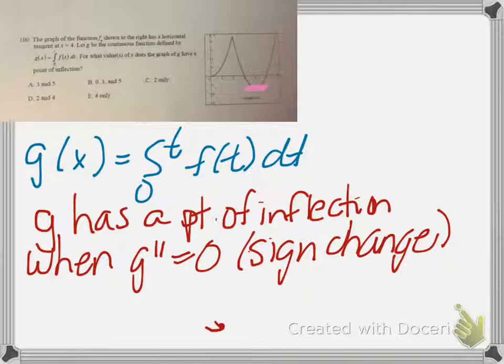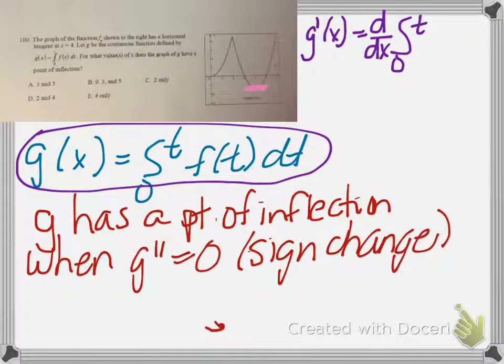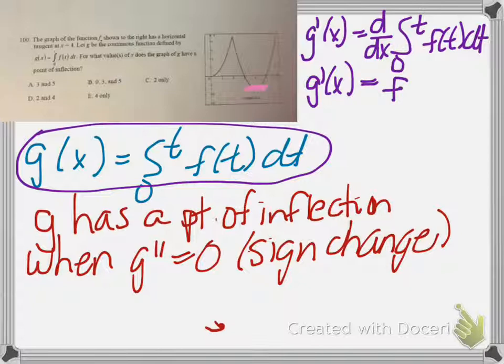So if this piece is G of x, then G prime of x equals d dx of this. Okay, so that's the second fundamental theorem of calculus, so therefore G prime of x just equals f of t, sorry.